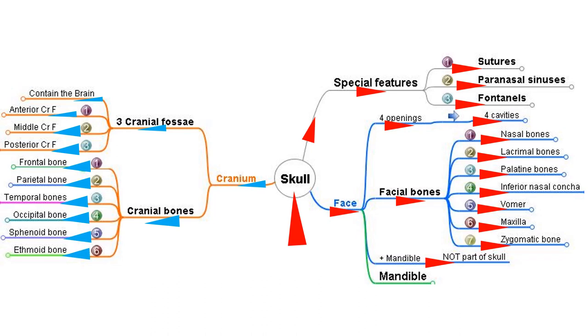The sphenoid bone is a very important bone because it makes the center of the cranial bones, and it articulates with almost every bone in the cranium. And then we have the ethmoid bone.